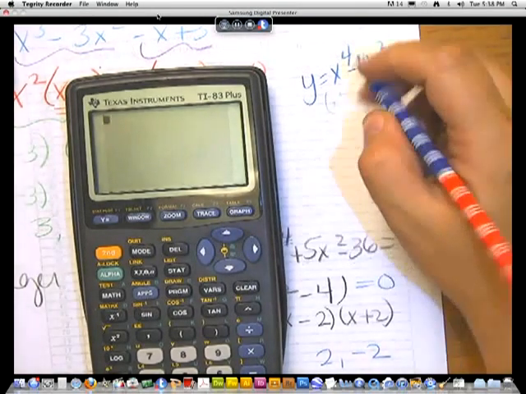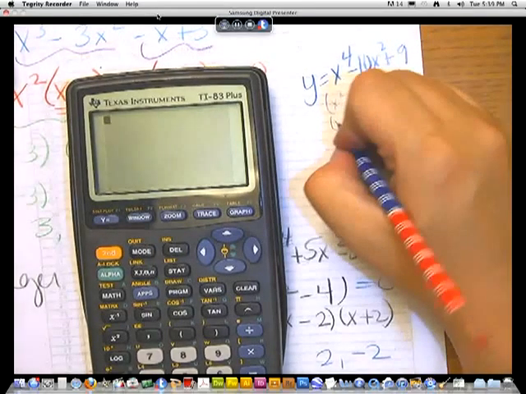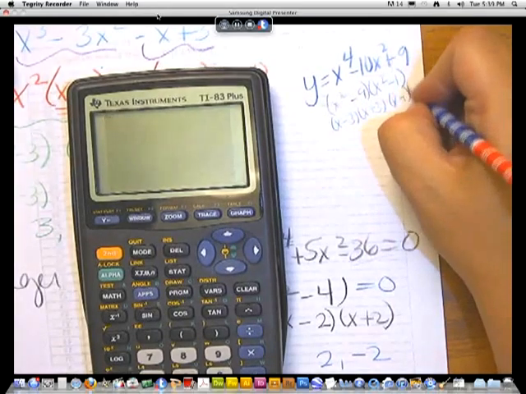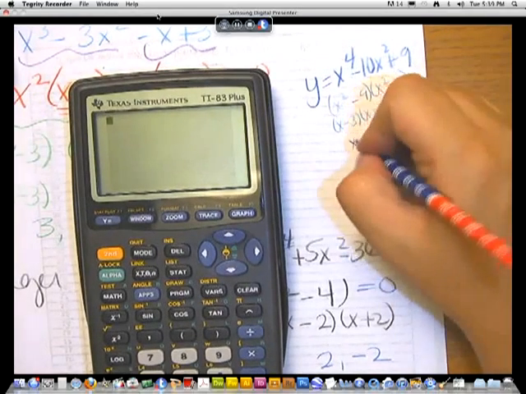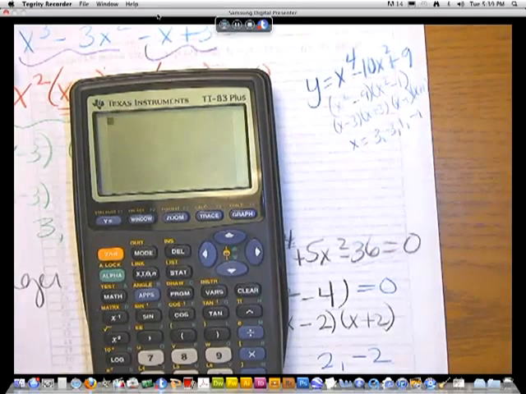I could easily go x squared minus 9, x squared minus 1, and then go x minus 3, x plus 3, x minus 1, x plus 1, and get my x is 3, negative 3, 1, negative 1, and come up with those 4 solutions and those 4 roots. That's completely possible. However, we need to know how this works on the calculator as well.